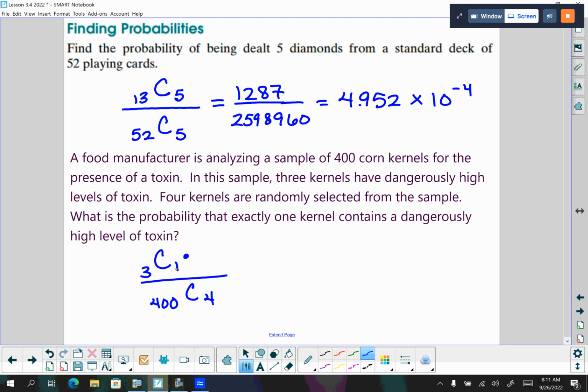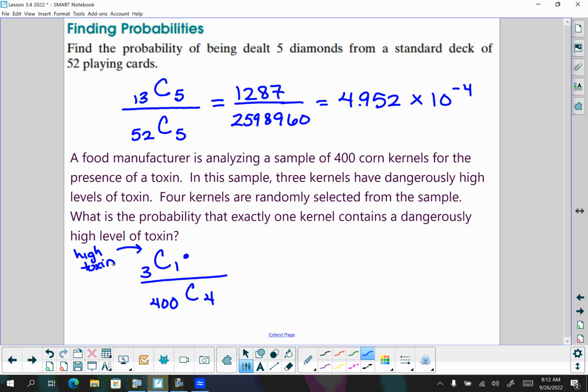Just 1. I was reading 4 and 3 for some reason. Okay, I have 3 kernels in the bunch that have the dangerously high level of toxin, but I'm only selecting 1 that does have it. So that's the high toxin group. I'll label it. I have 3, I'm picking 1. Now total, I have 400 corn kernels, and I have 4 that I'm picking.